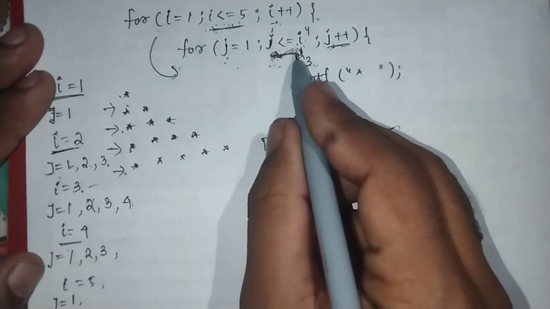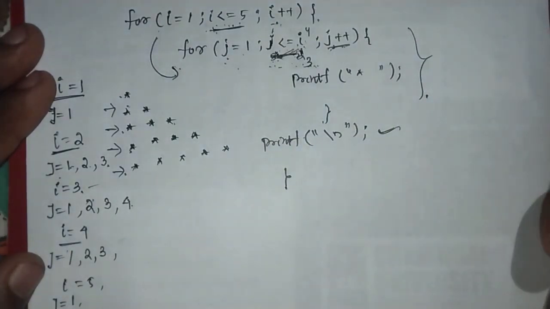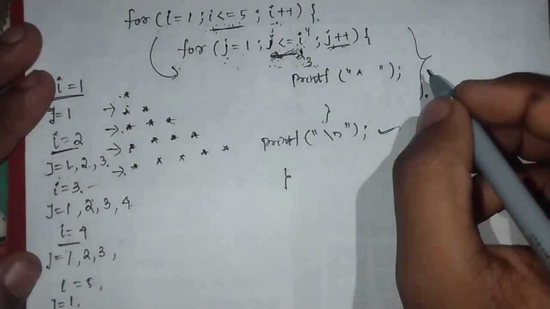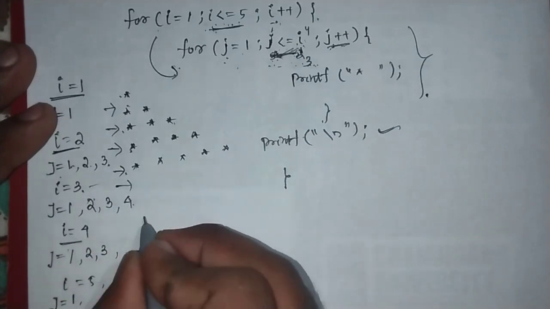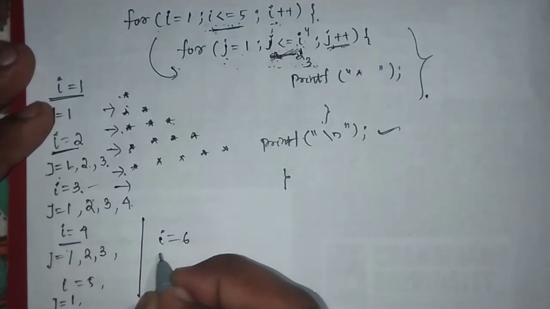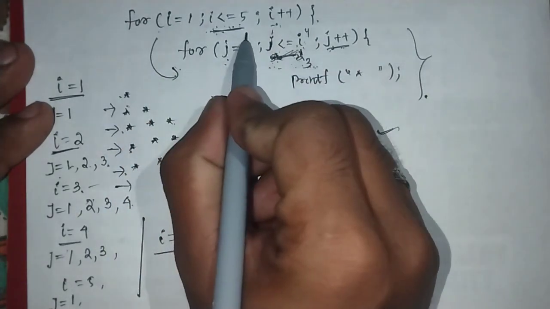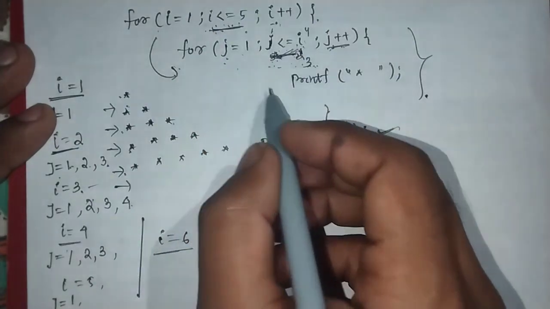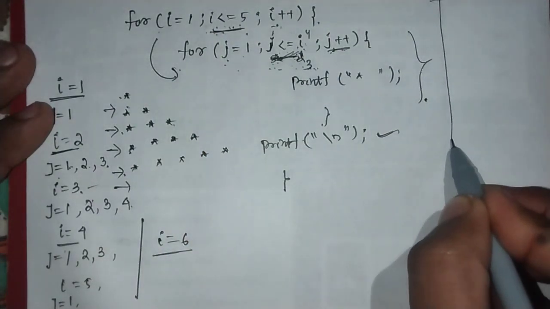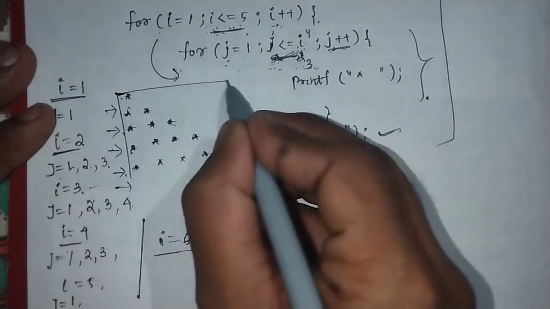When the value of j exceeds 5, that is 6, the inner loop will be terminated. So it will go to the next line. Now the value of i becomes 6. It will check the first condition, is 6 less than or equal to 5? False, so it will not go further. That means the outer loop will be terminated. So the final output will be this pattern.